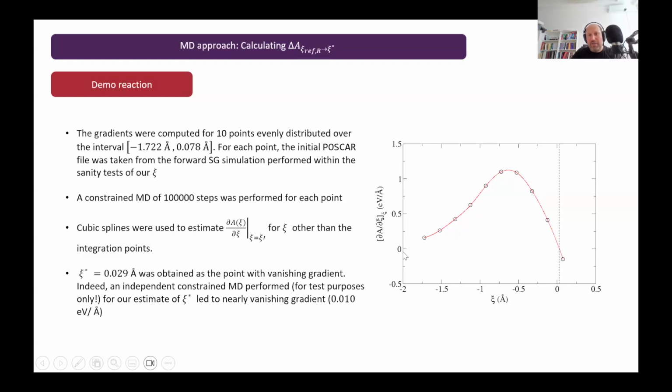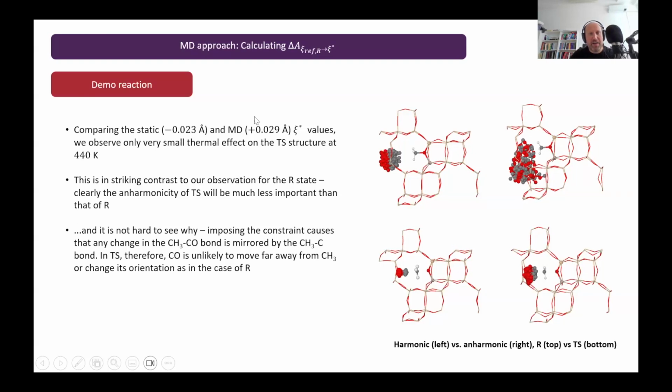And I identified the precise position of the finite temperature transition state as the point where gradients vanish. So that's exactly that point here. Psi takes this value in the transition state. In the static transition state, it was this value. The sign is different, but numerically, it's very similar.